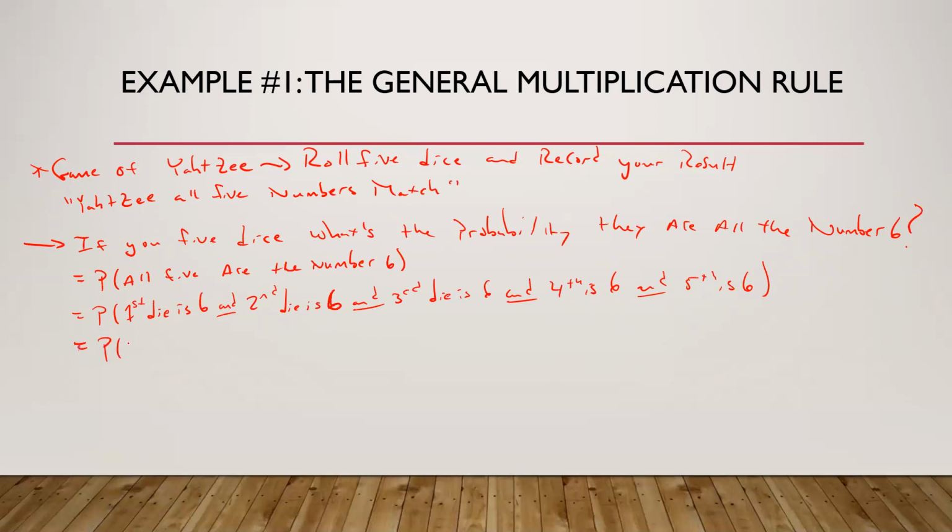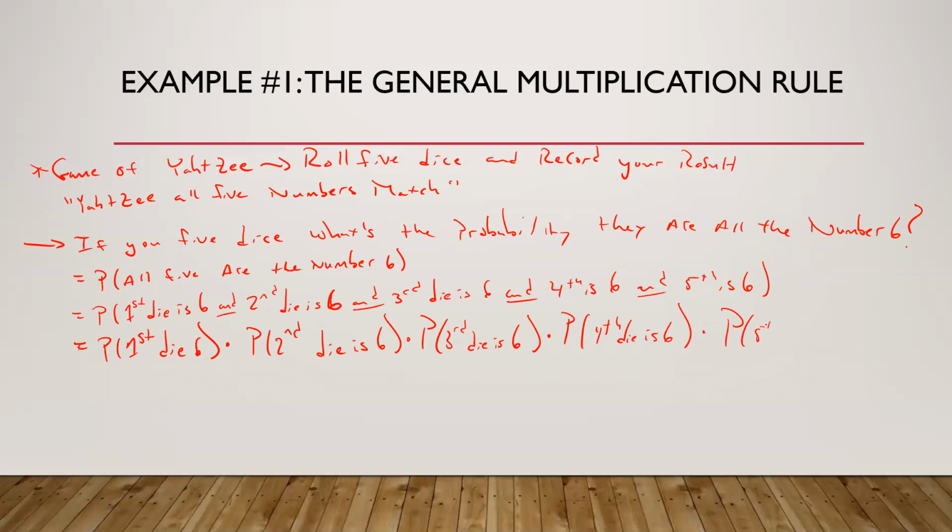It's the probability the first die is a 6 times the probability the second die is a 6 times the probability the third is a 6. This is the only time I'm really going to write all these out. Times the probability the fourth die is a 6 times the probability the fifth die is a 6.